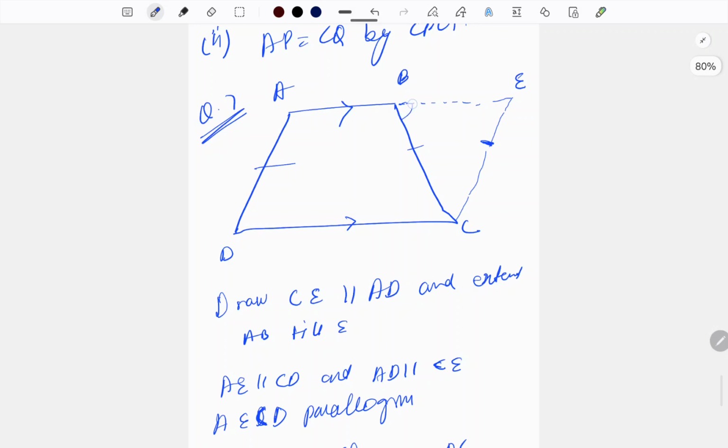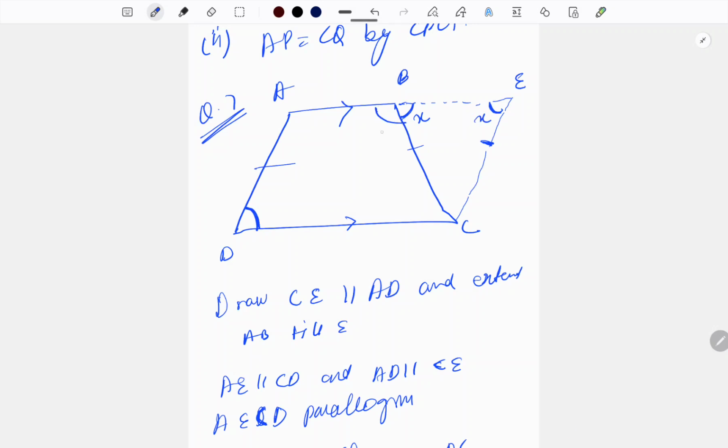So here if you see, this angle is equal to this angle, correct, and this angle is equal to this angle, correct. Now let us assume it as x. So this will also be x.